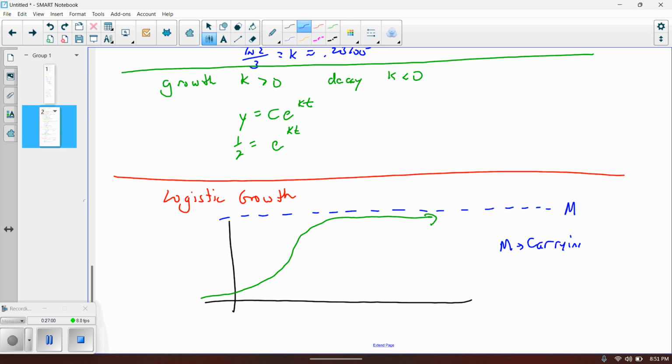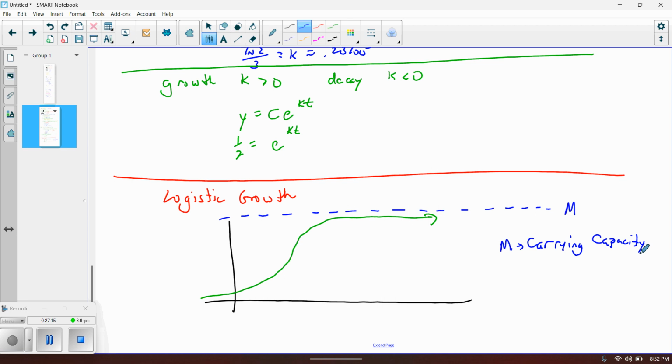Carrying capacity. Basically what that carrying capacity means is the amount that something can sustain in the long run.